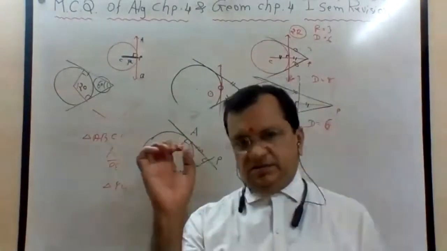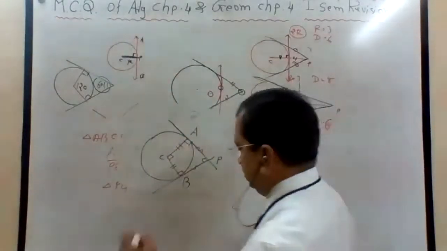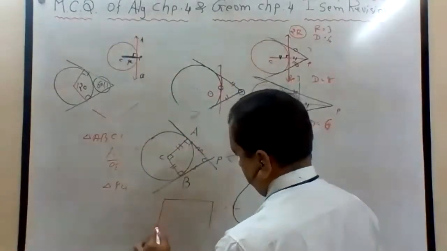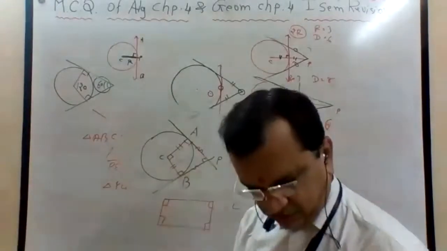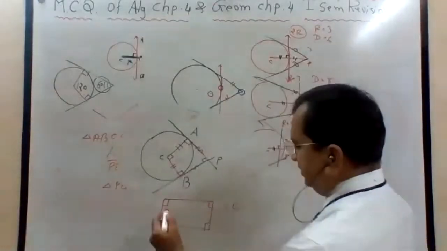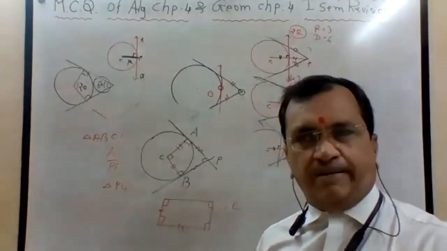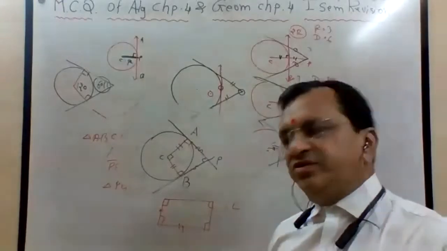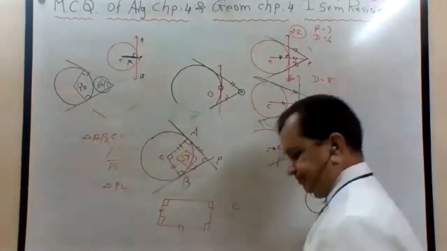First of all, it is a rectangle, not a square. If all the angles are equal, you cannot say it is a square. All 90 does not mean square. But if length and breadth both are equal, meaning any two adjacent sides are equal, then it is a square.